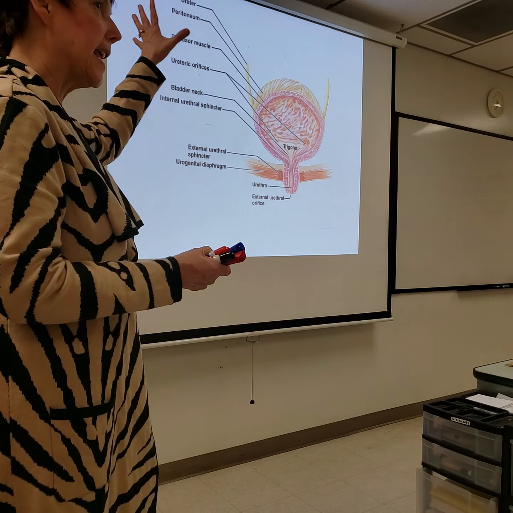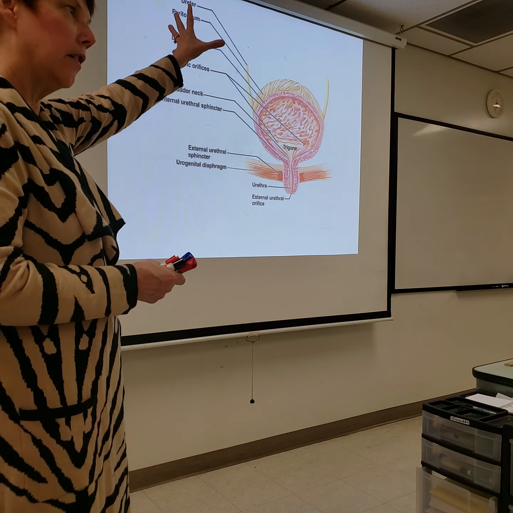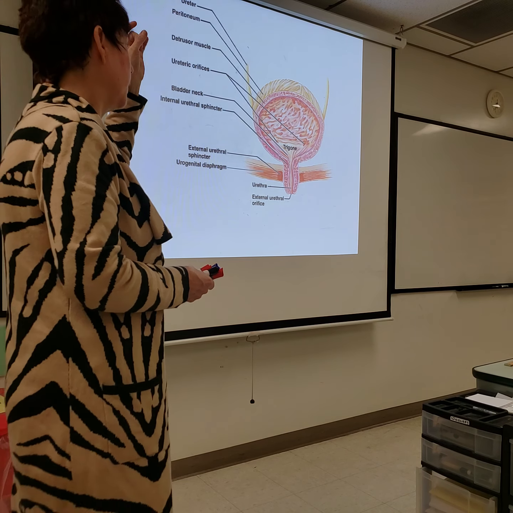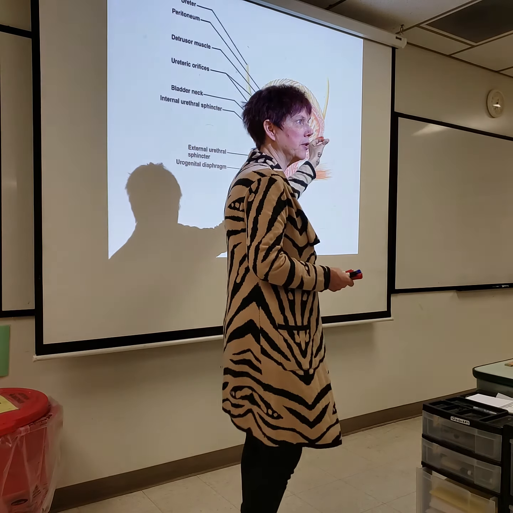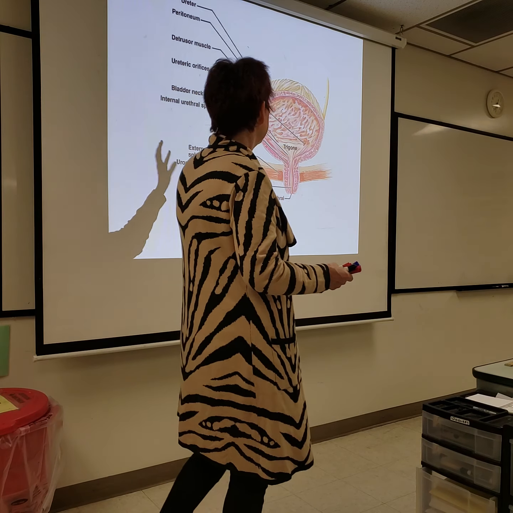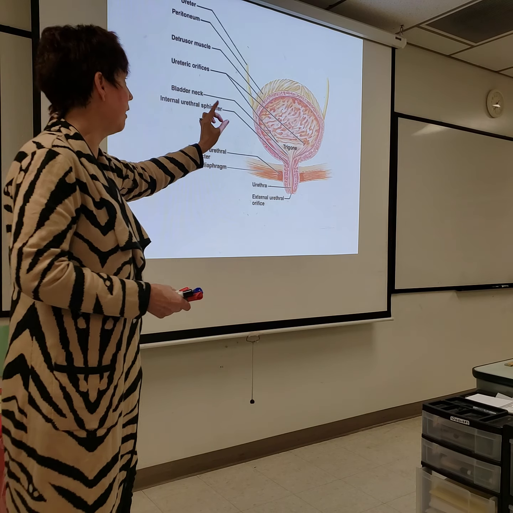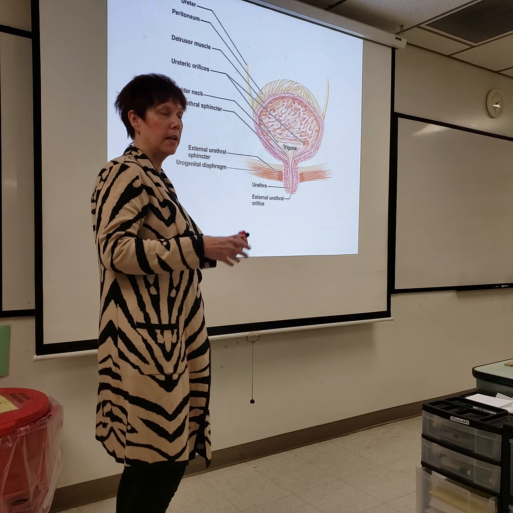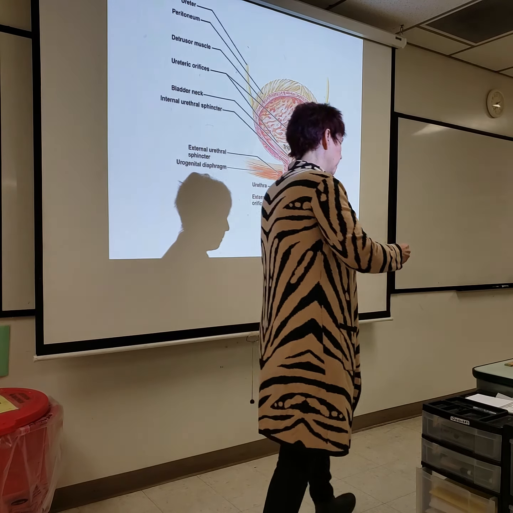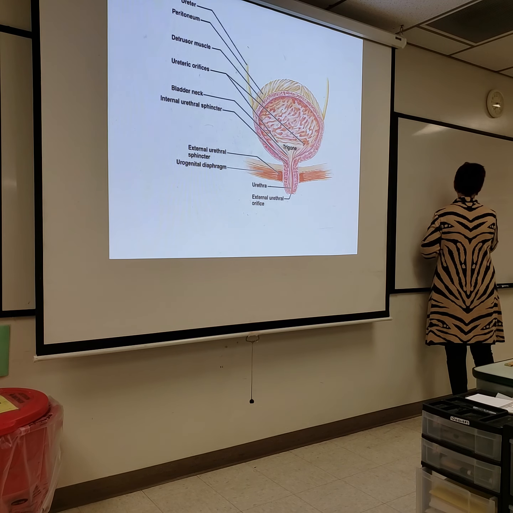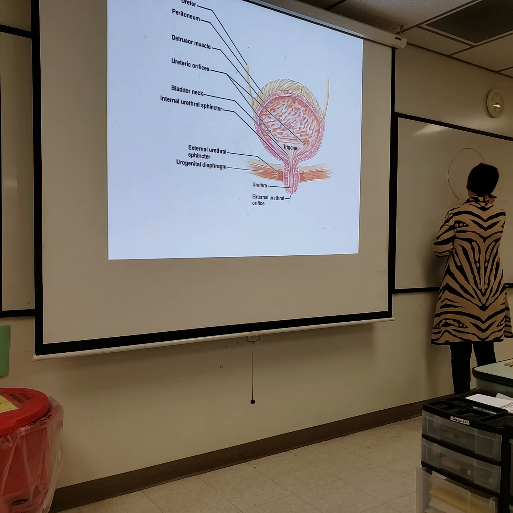So we have the filtrate, remember we still call it filtrate, coming through the papillary ducts into the minor calyx and major calyx and flowing into the pelvis. And then the pelvis narrows to become the ureter. So the ureter is still traveling behind the peritoneum, and it's passing into the posterior aspect of the urinary bladder.